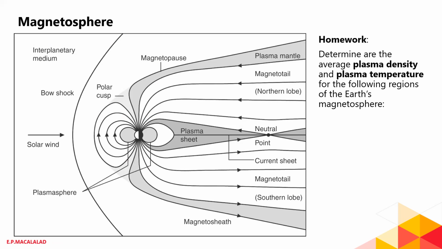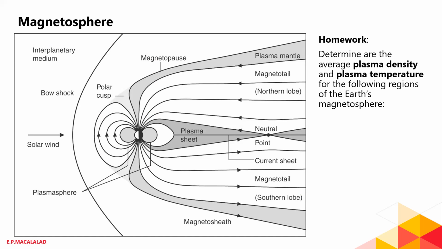Remember that density and temperature are two of the primary plasma parameters we use to describe a plasma. In the magnetosphere, different parts are usually defined by their plasma density. So different parts of the magnetosphere have different plasma densities.